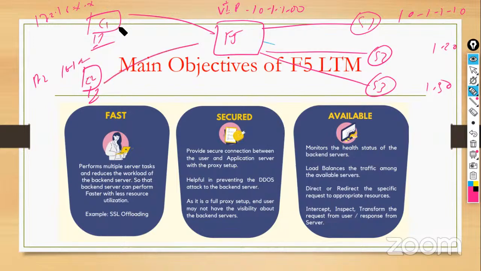So once a user wants to access any services from these servers, they will only know your VIP. For example, nowadays everyone is accessing google.com. So what is the backend server IP? Definitely you don't know, right?